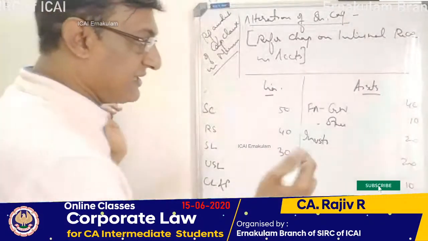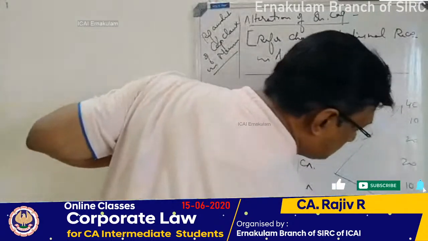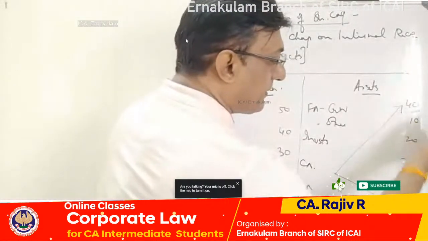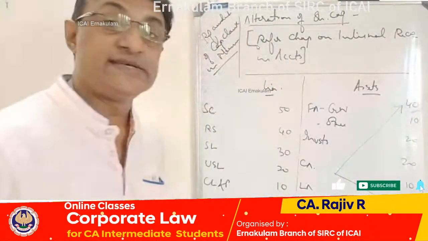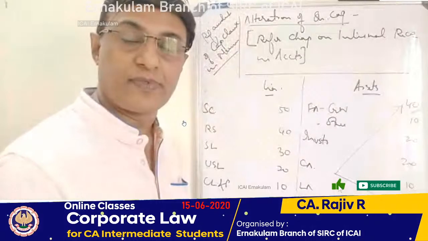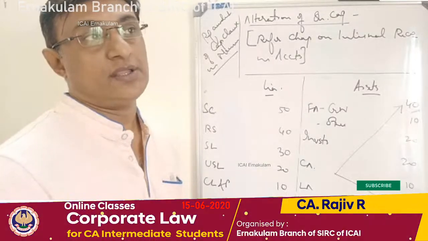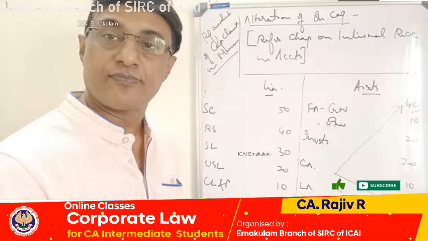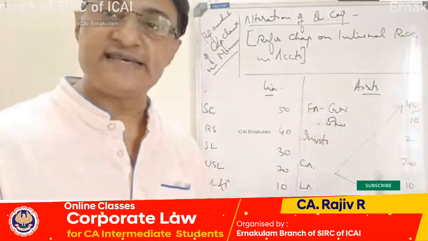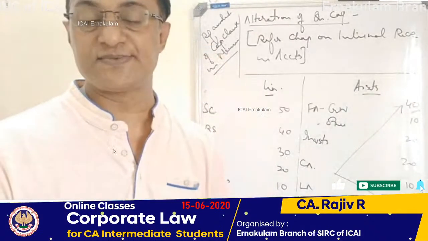And what is that? It is this and this. 40 plus 50 is 90 out of 150. 9 by 15, 3/5, 60% of the assets side are non-assets.